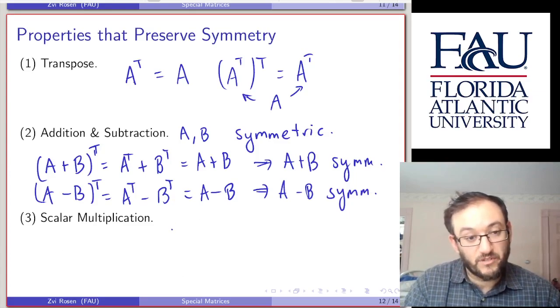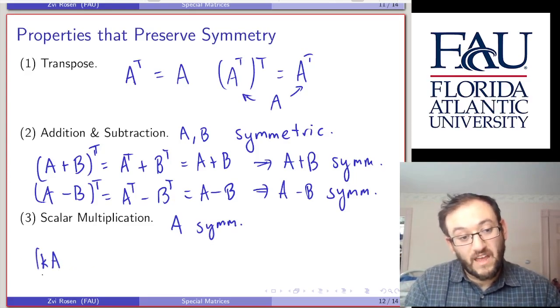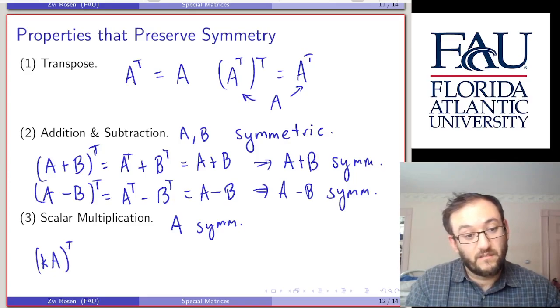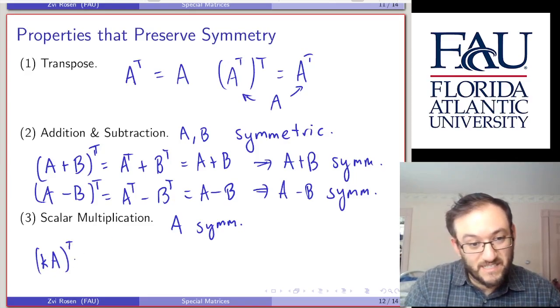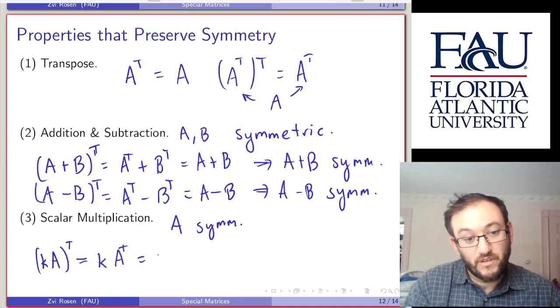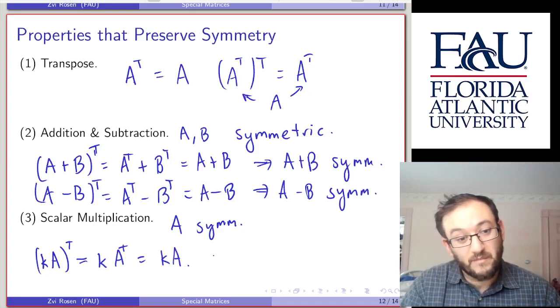So if A is a symmetric matrix, then kA, what happens when we take the transpose of that? Well, since the k multiplies everything in the matrix, this is the same as just k times A transpose. But we know that's going to be equal to kA because A is symmetric. So that means that kA is also symmetric.